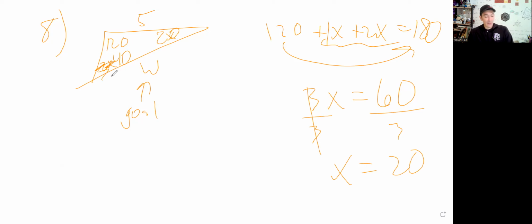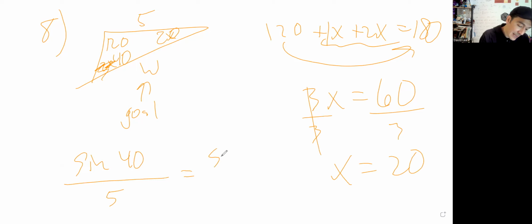The goal is to find W. Couldn't we use law of sines to find W? Sine of 40 is to 5 as the sine of 120 is to W. Cross multiply, and then divide to get W alone, and you'll see that it's about 6.7.